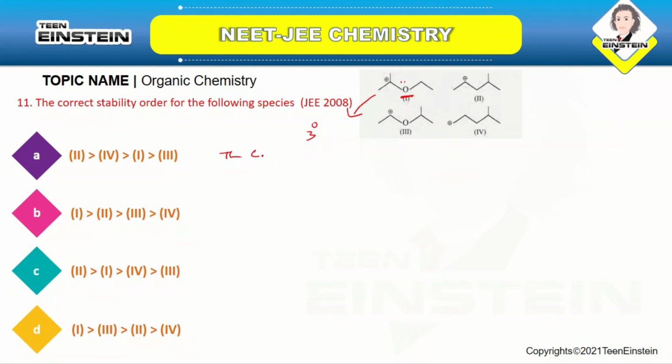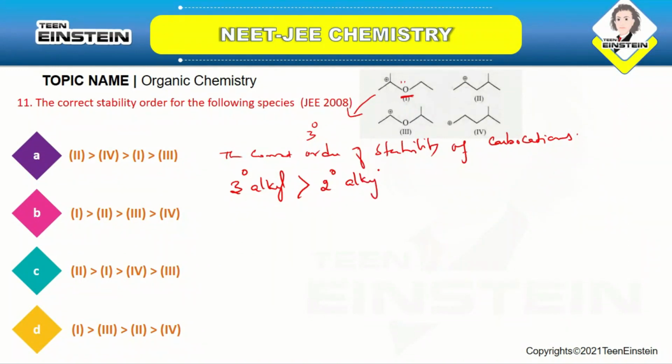The correct order of stability of carbocations is tertiary alkyl, secondary alkyl, primary alkyl, and at last methyl carbocation. When an electron donating group, that is a plus I effect, is present, the stability of the carbocation increases.